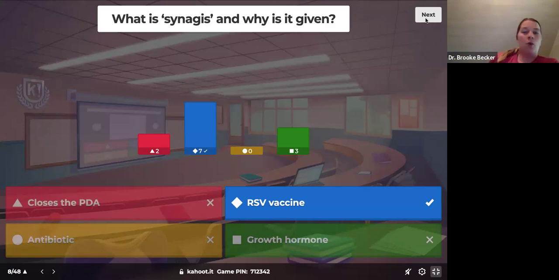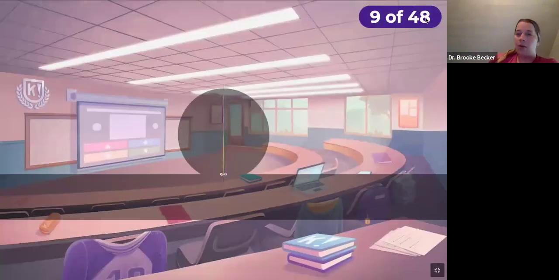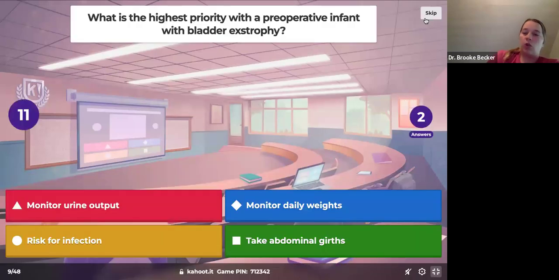Okay. What is the highest priority with a preoperative infant with bladder exstrophy? Red, monitor urine output. Blue, monitor daily weights. Yellow, risk for infection. Green, take abdominal girths.